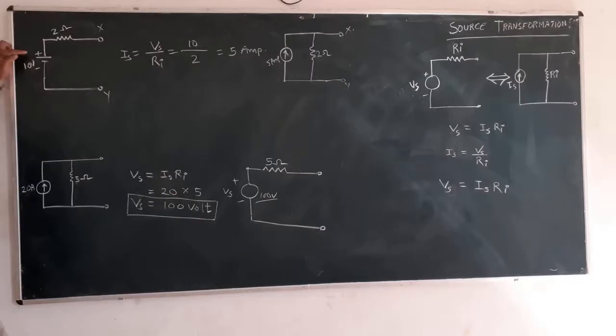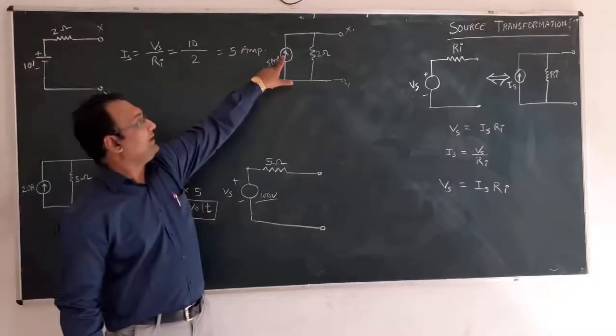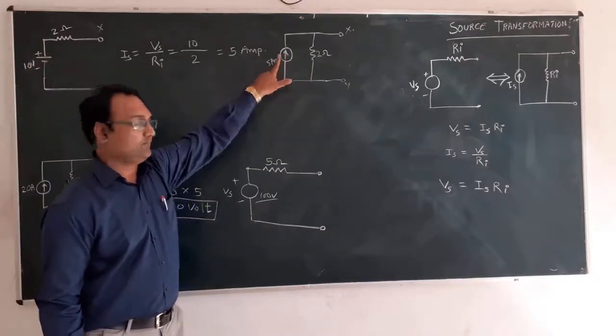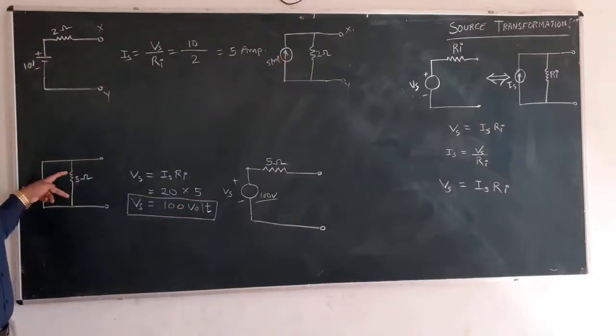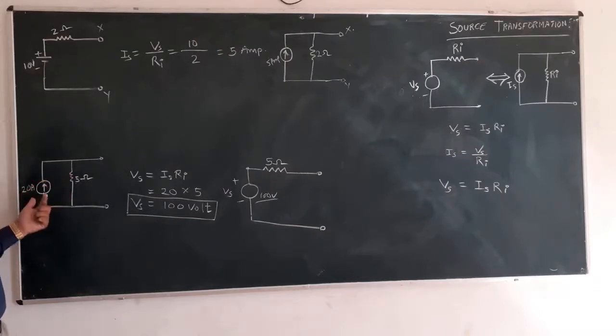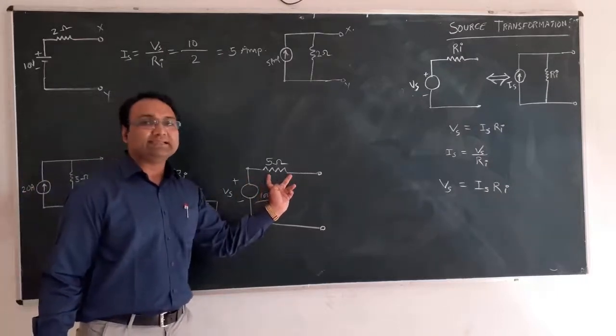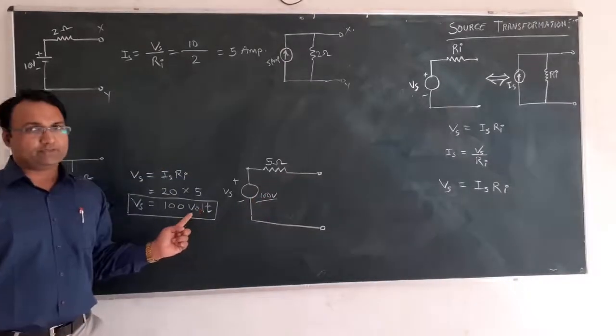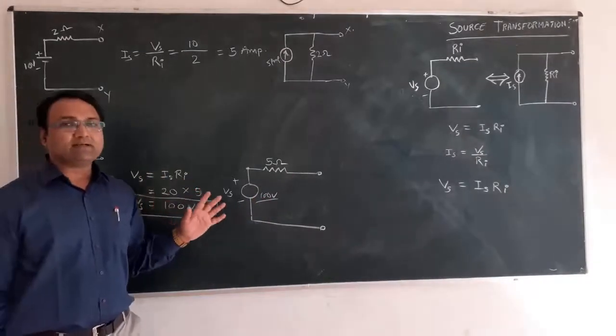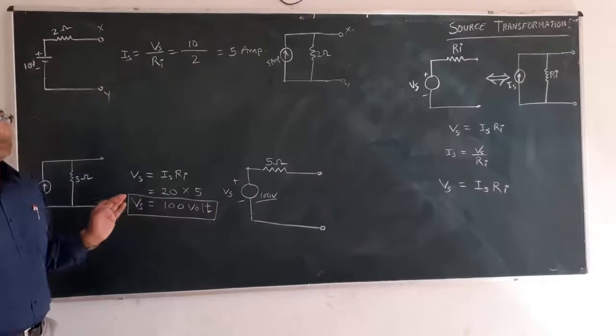Similarly, the positive sign is up, so we have drawn the arrow mark on the upside. Now this 5 ohm internal resistance of the current source, which is connected in parallel, will be removed from here and it will come here in series, because this is a voltage source. So this is the basic source transformation concept.